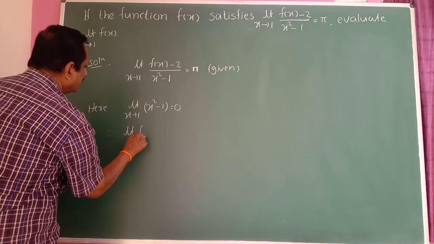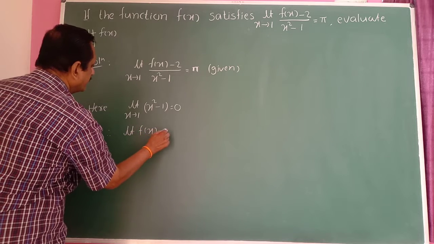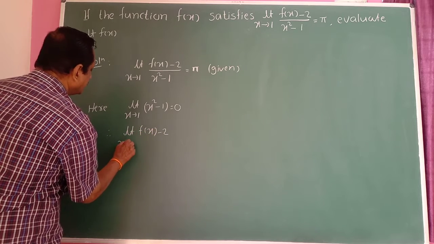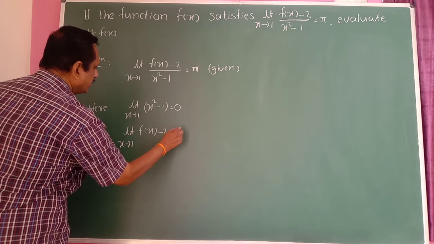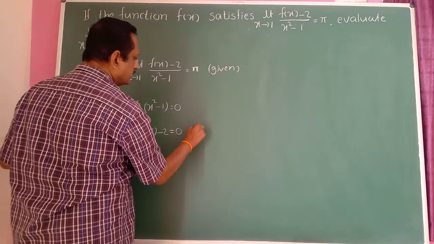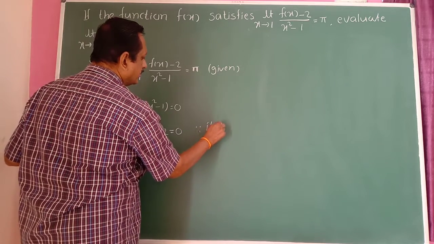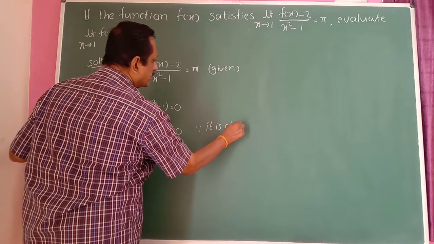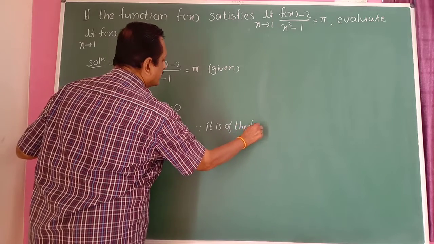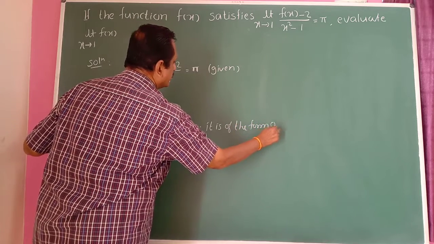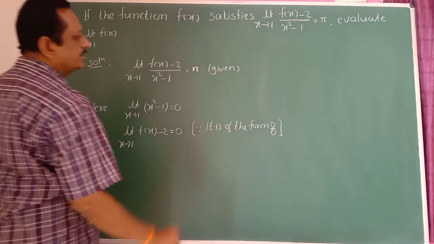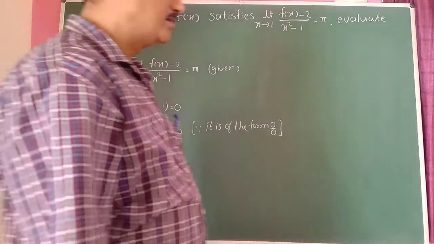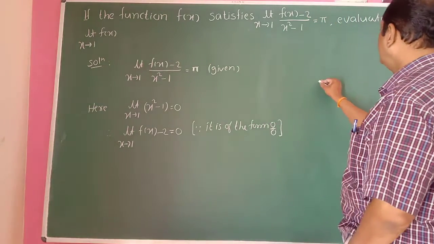The limit of f of x minus 2 as x tends to 1 is equal to 0, because it is of the form 0 divided by 0. I am extending one example here.